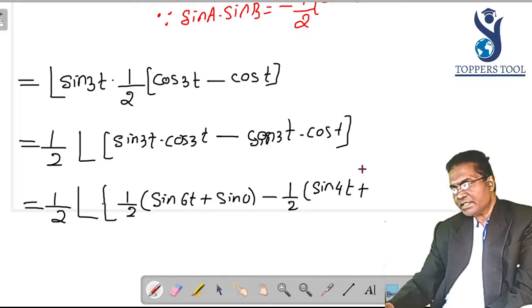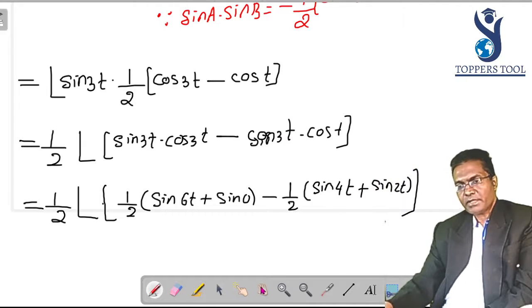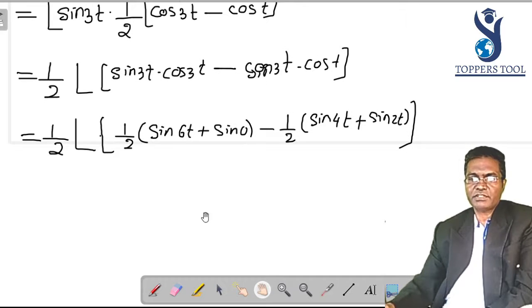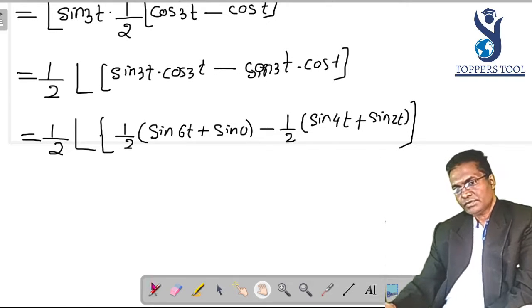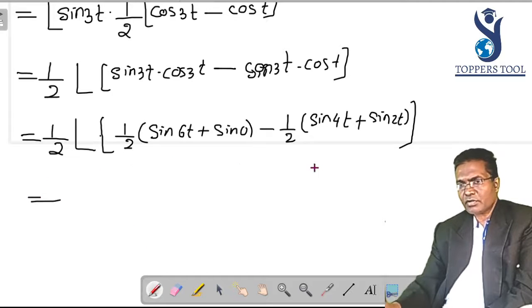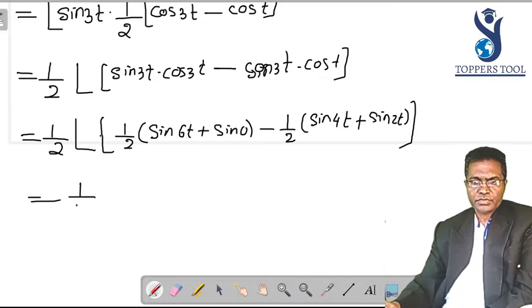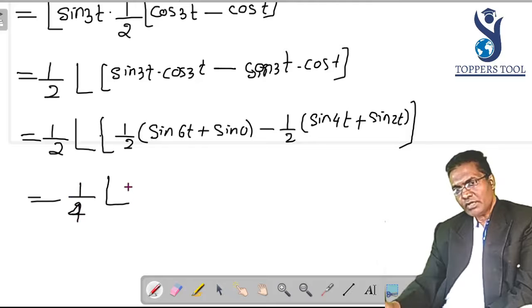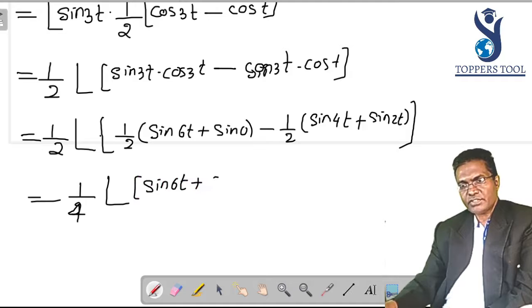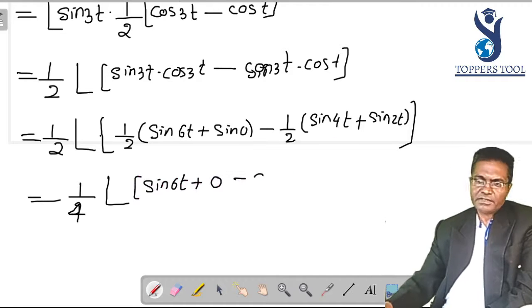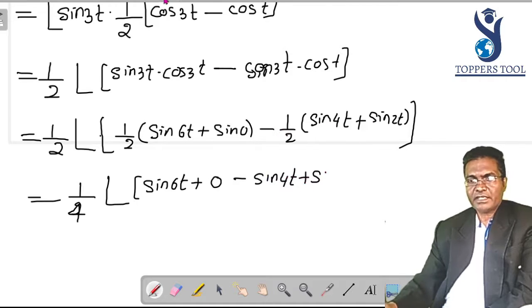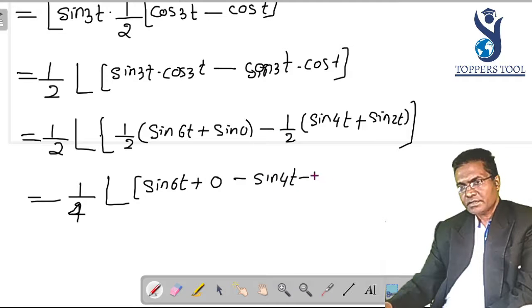Sine of 3t minus t is 2t. So please remember the very first transformation formula, sine into cos. As earlier, bring this 1 by 2 outside. So 1 by 4 you will get, directly you can write, into L of sine 6t, sine 0 is 0, minus sine 4t, plus into minus minus, sine 2t.